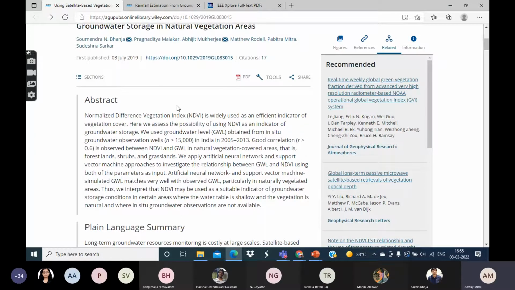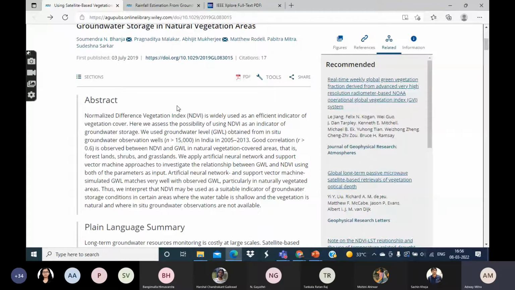Now, in this paper, we assess the possibility of using NDVI as an indicator of groundwater storage. This may look a bit strange. Where is vegetation, where is this greenness of pixels, and where is groundwater storage? But it is generally understood by soil scientists that there is a relationship between vegetation and groundwater.